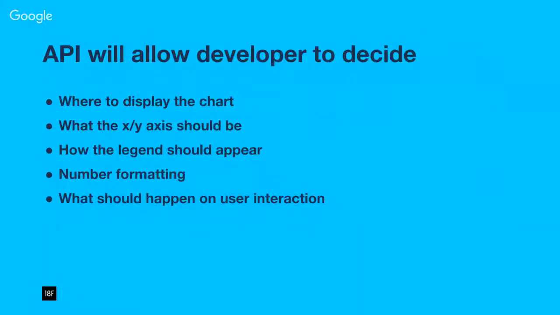Some of the things the API will allow the developer to decide are where to display the chart on the page, including some sizing information like a height and maybe a width; what the X and Y axis should be, and whether it's a horizontal or vertical bar chart; how the legend should appear, which would probably allow the legend to be modified and set yourself; number formatting; and what should happen on user interaction.